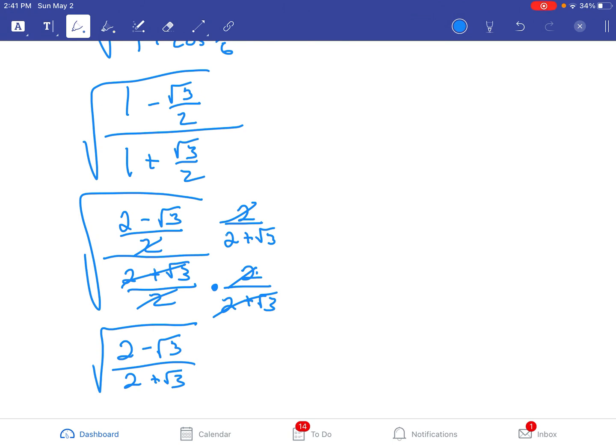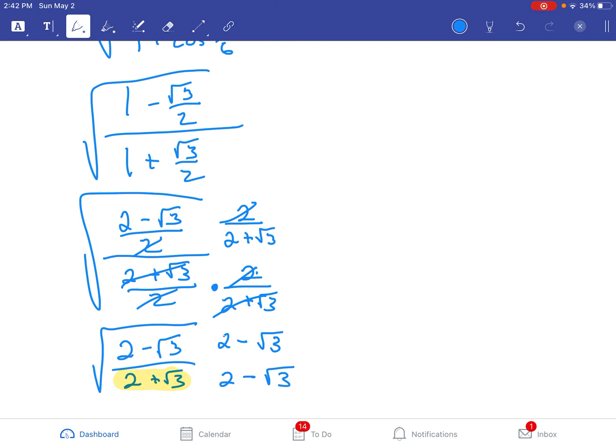The conjugate is the same terms in your denominator, so 2 and root 3, but they have different signs. So this denominator is 2 plus root 3. We're multiplying it by 2 minus root 3. This has nothing to do with what's on the numerator spot. It has everything to do with the denominator. So we're going to multiply by 2 minus root 3 here as well.